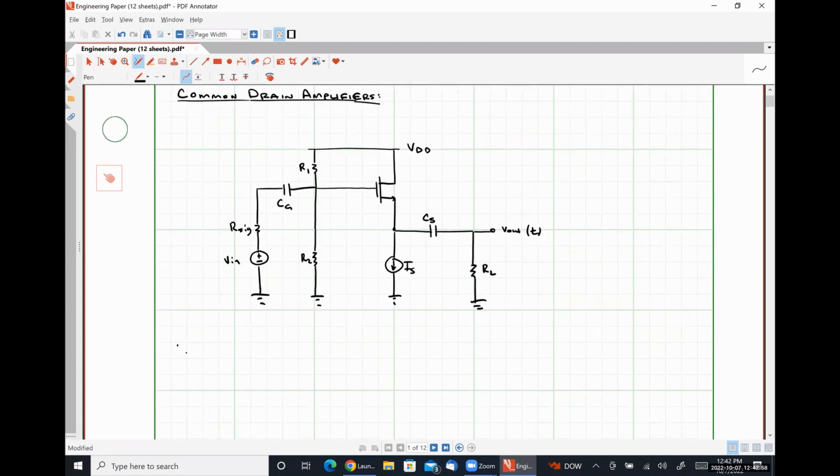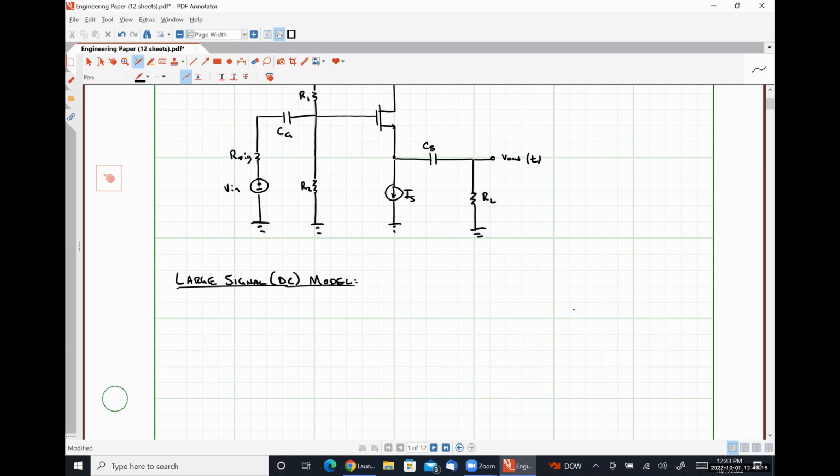Okay. So our large signal model is going to look something like this, where we're doing nothing but turning all of our capacitors into open circuits and shorting out our input voltage source. So here we have our supply voltage VDD, transistor. Here is R1.